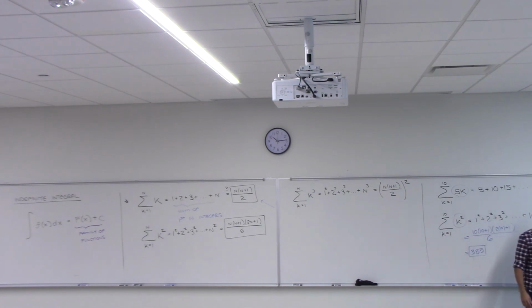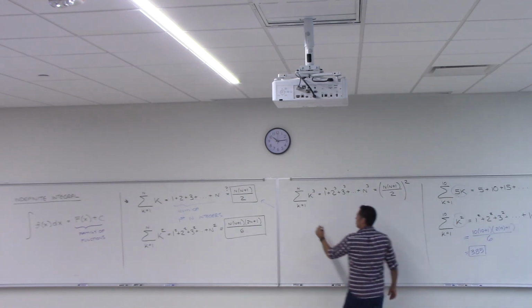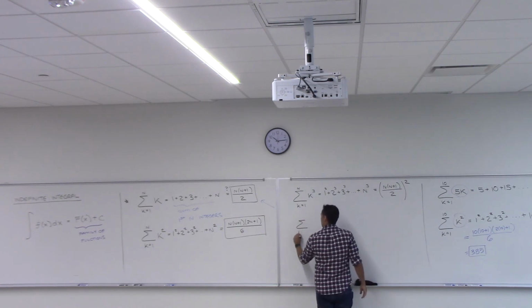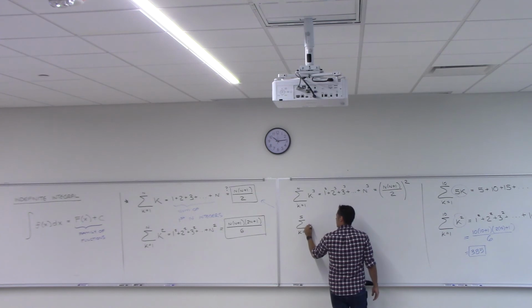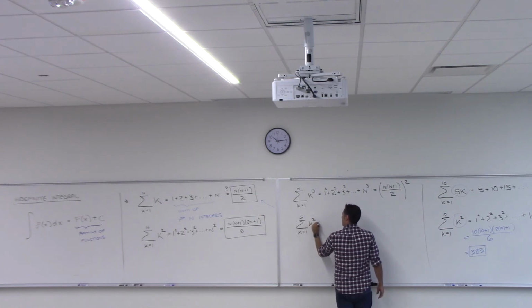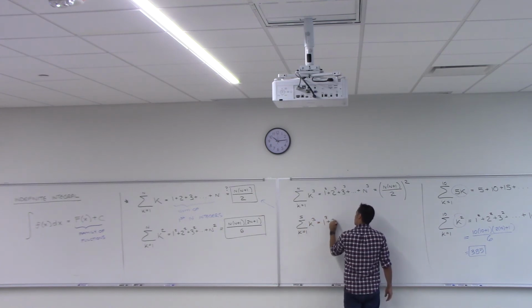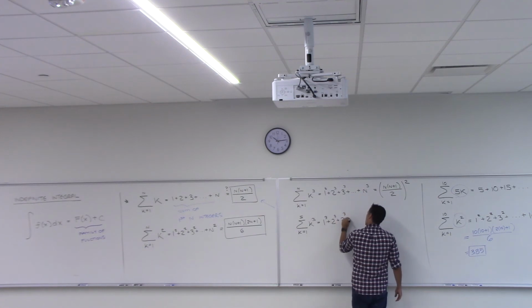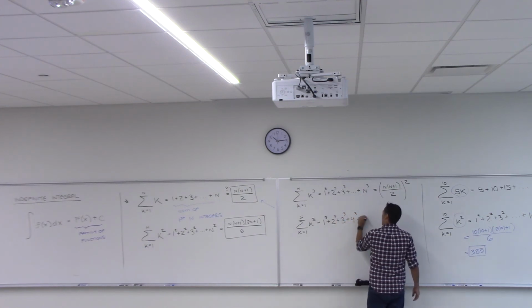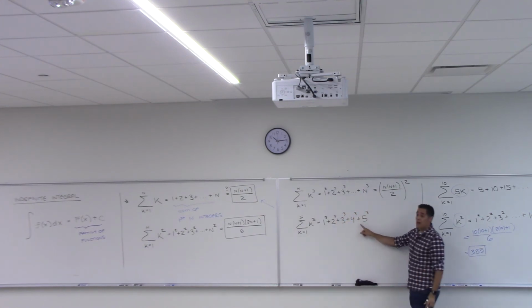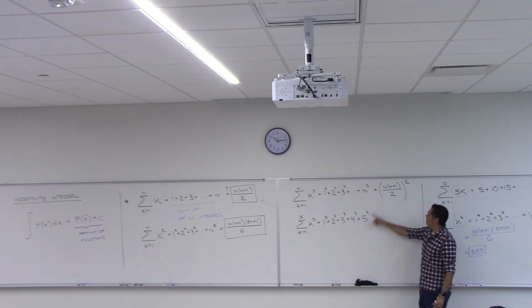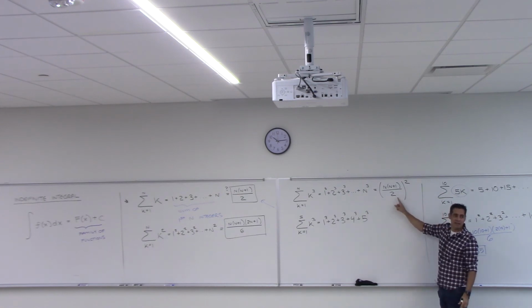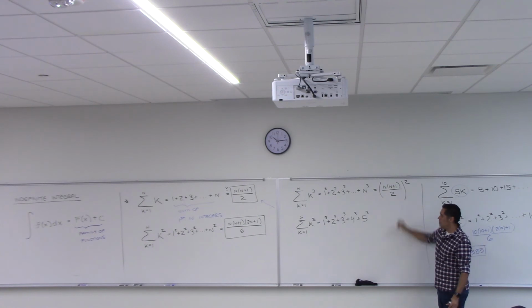That's what it is. So let's check this one. Let's see if this formula is right. Let's do an example. If I do the sum from k equals 1 to, let's just go to 5, of k cubed, that would be 1 cubed plus 2 cubed plus 3 cubed plus 4 cubed plus 5 cubed. I need someone to do that on your calculator. And then I need everyone else to do this on the calculator, replacing n with 5.